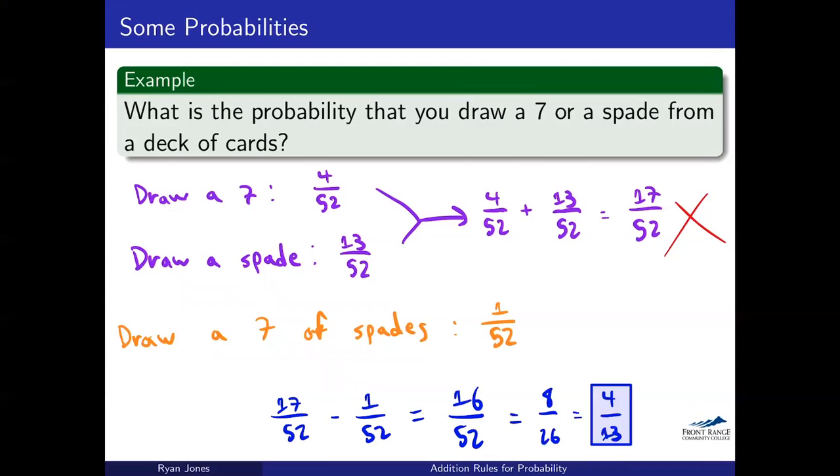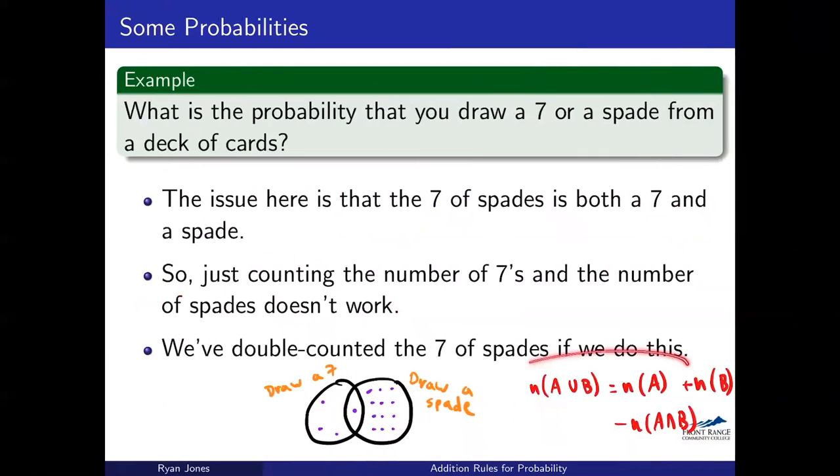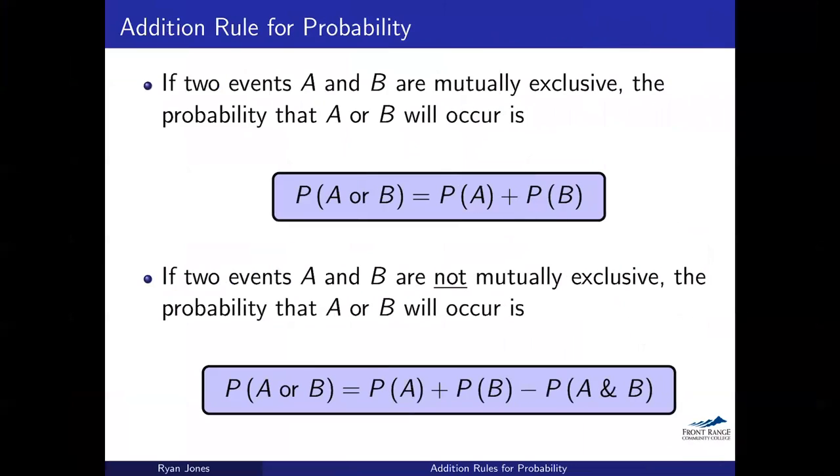So this leads us, and we'll keep an eye on this formula, to the big slide for the lecture. It's going to be two formulas. The first formula says that if two events are mutually exclusive, then to find the probability that either of them occurs, we just add the individual probabilities.